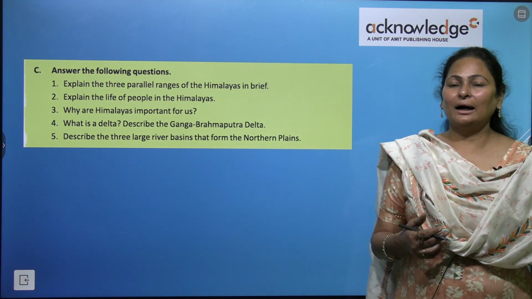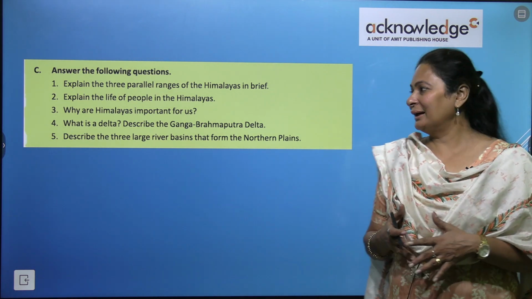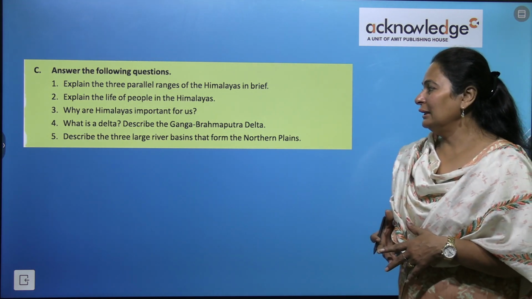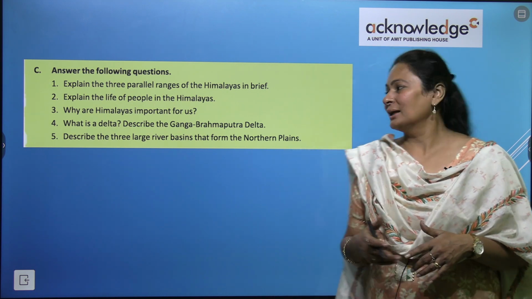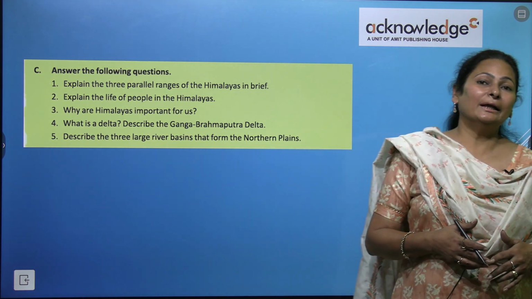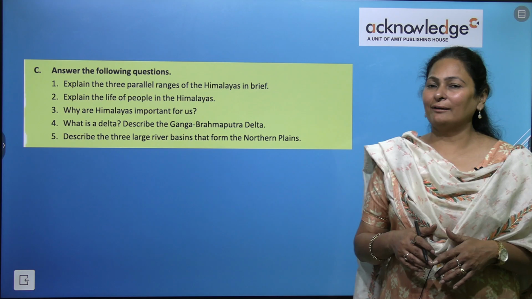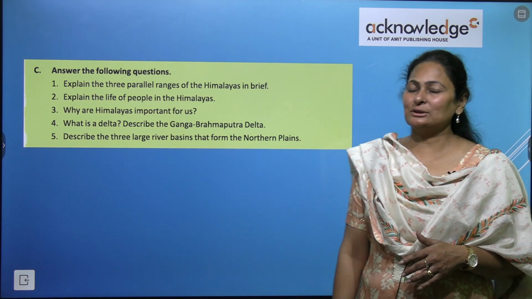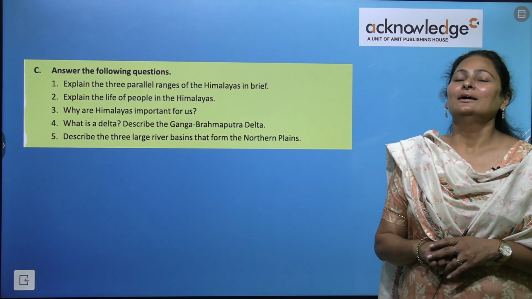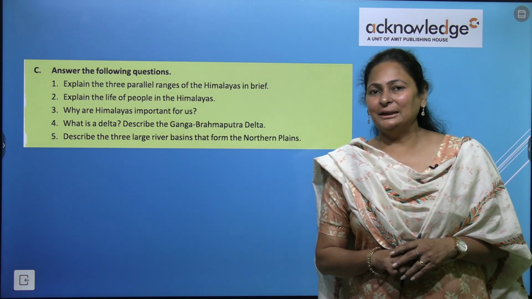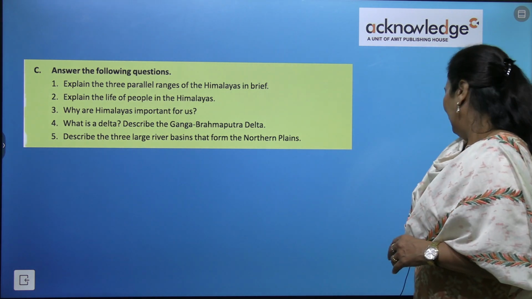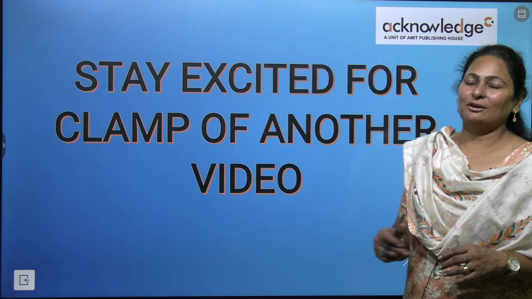Describe the Ganga and the Brahmaputra delta. Describe the three large river basins that form the northern plains. We have already discussed these questions in detail during the explanation. Please refer to the explanation and write down the answers on your own.